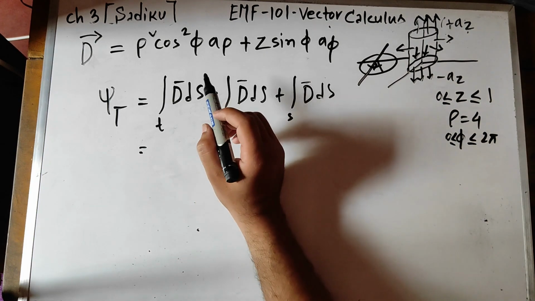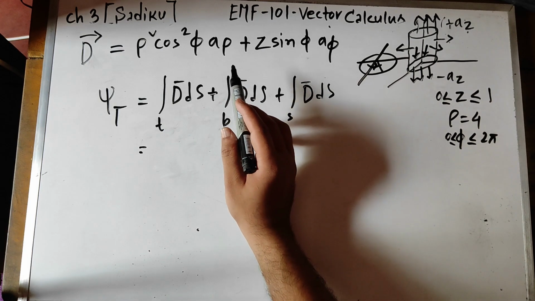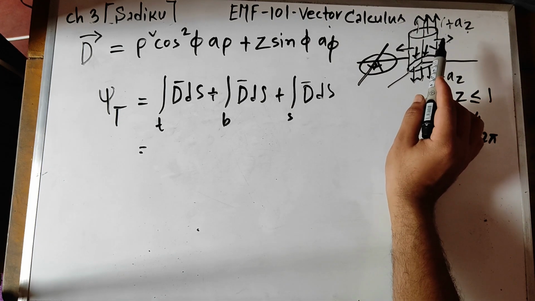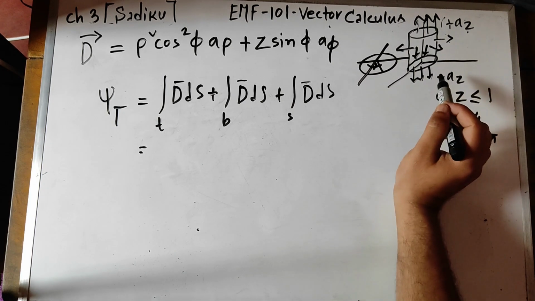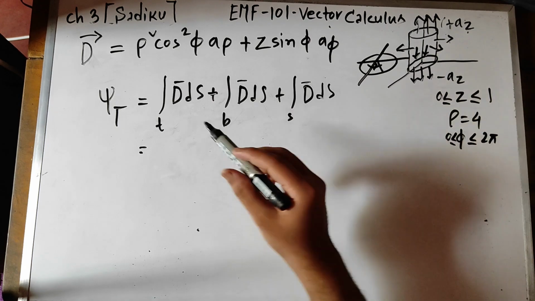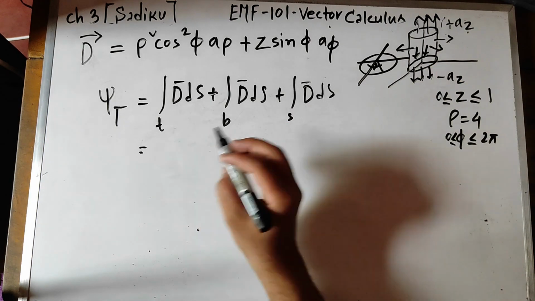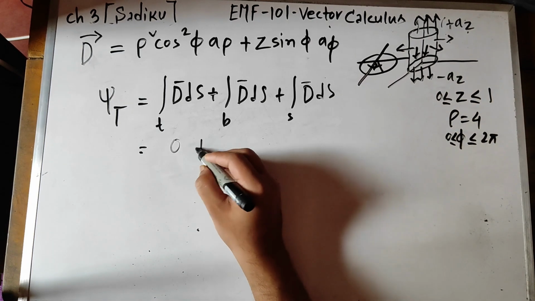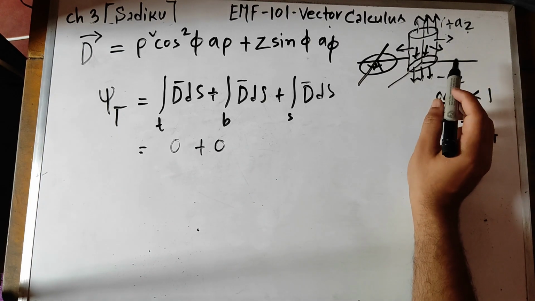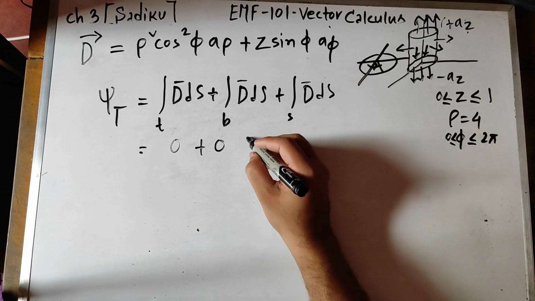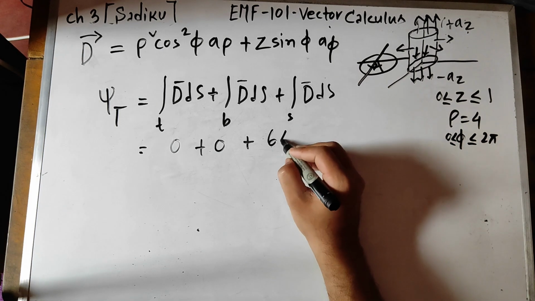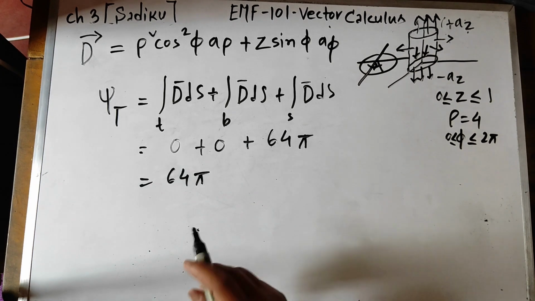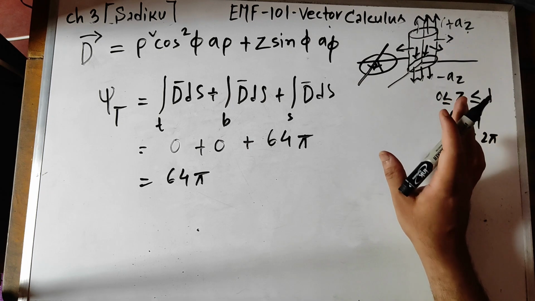Because the vector field has no z component in the direction az, the top and bottom surfaces don't have any flux, so 0 plus 0. From the sides the vector field emanates a flux of 64 pi. So this is the total flux emanating from the closed cylinder.